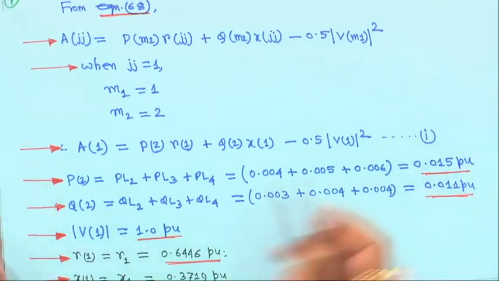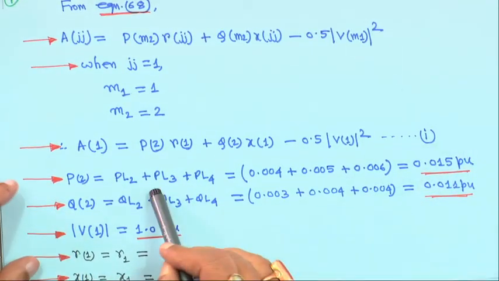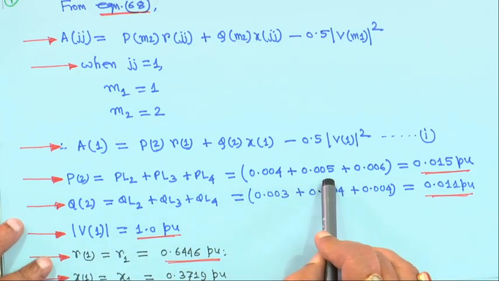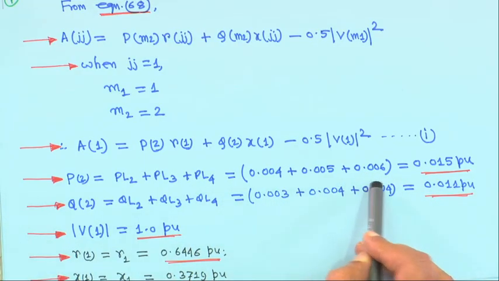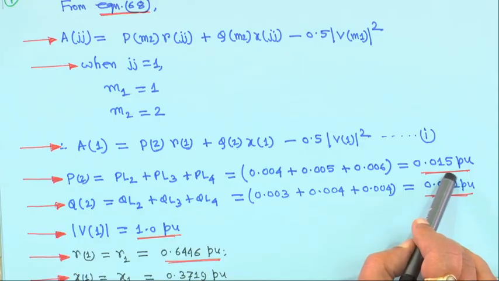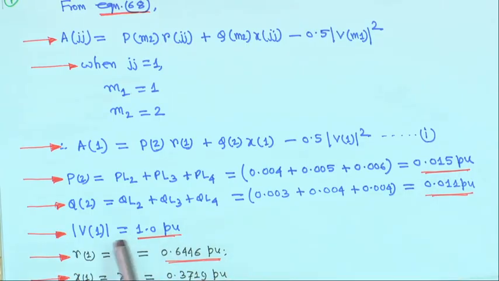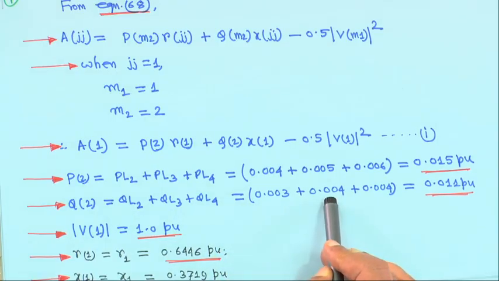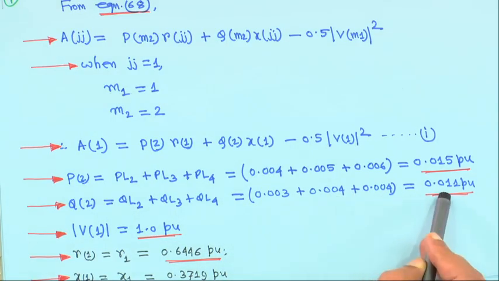So, that means my P2 will be PL2 plus PL3 plus PL4, all in per unit, 0.004 plus 0.005 plus 0.006, that will be 0.015 per unit, right. Similarly, Q2 will be equal to QL2 plus QL3 plus QL4 is equal to 0.003 plus 0.004 plus 0.004, that is 0.011 per unit.